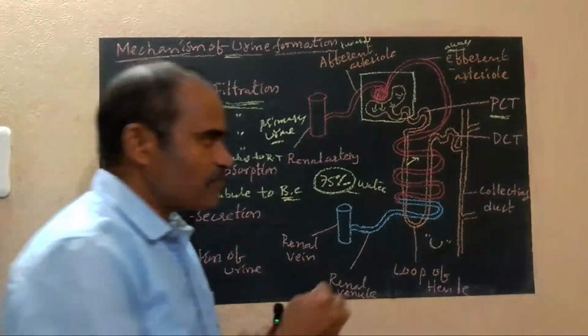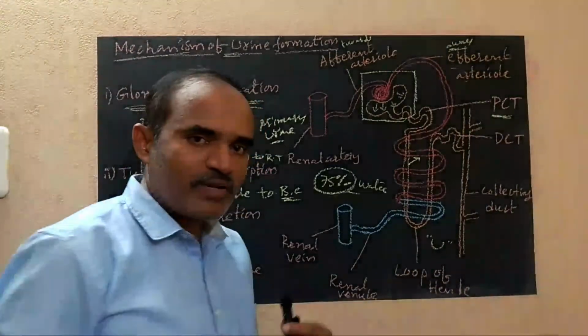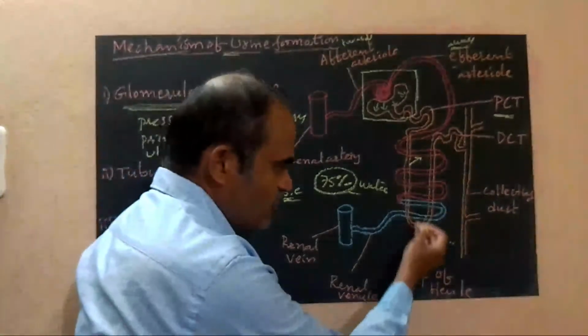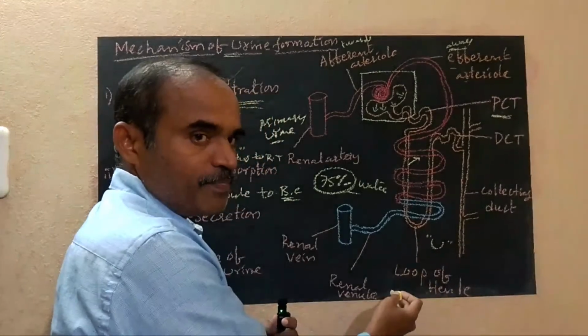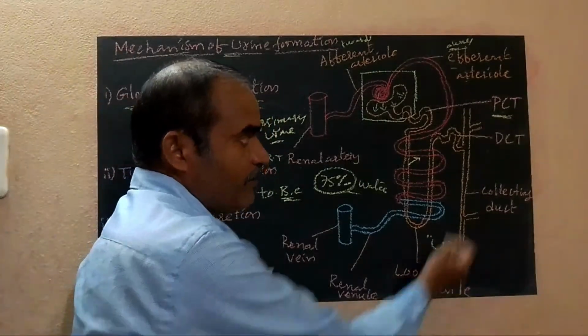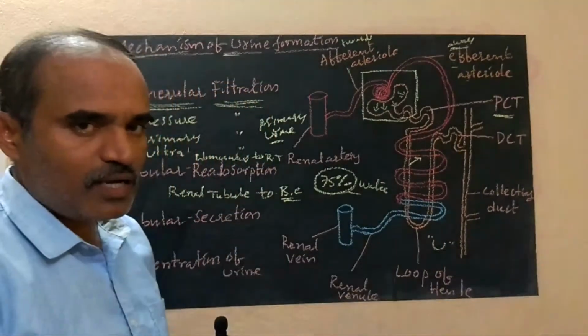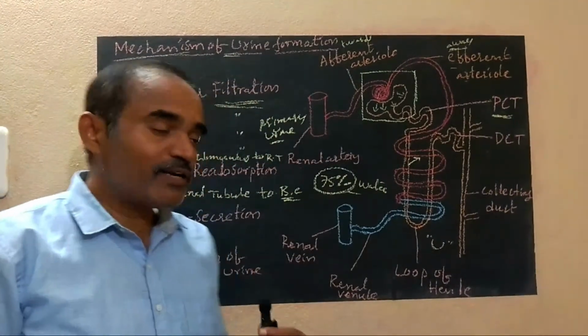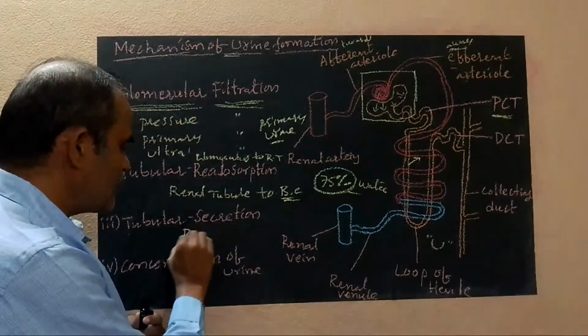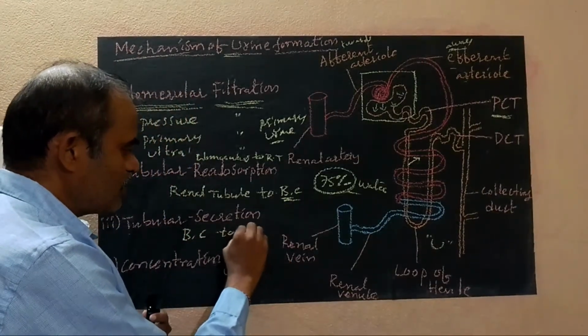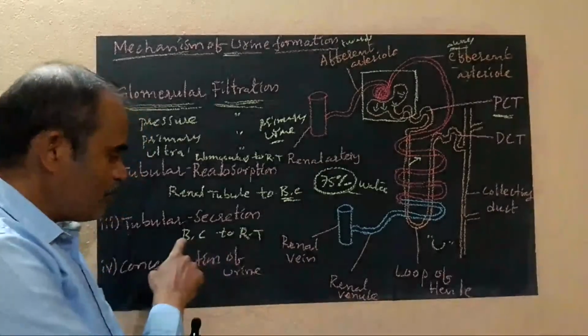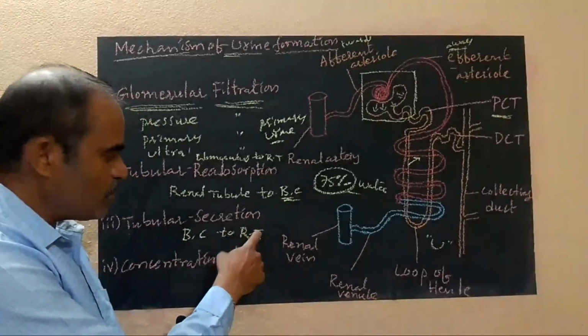Here, the loop of Henle, the U-shaped structure, and the DCT: from here the unuseful substances are secreted from the blood capillaries to the renal tubule.